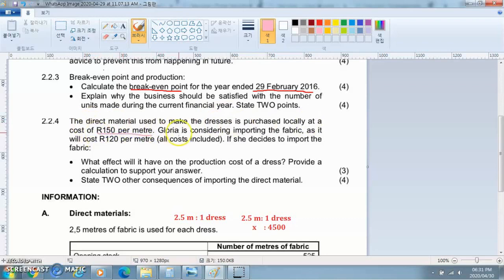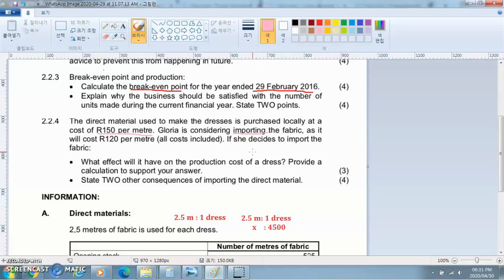And then they're saying Gloria is considering importing the fabric. So they're considering doing what? Importing. So you know that when we're talking about the word import, we are talking about what? Us as locals buying from people from outside. We're just buying from outside. Like, let's say, for example, they decide to buy the material from Mozambique or Zimbabwe or maybe even China.